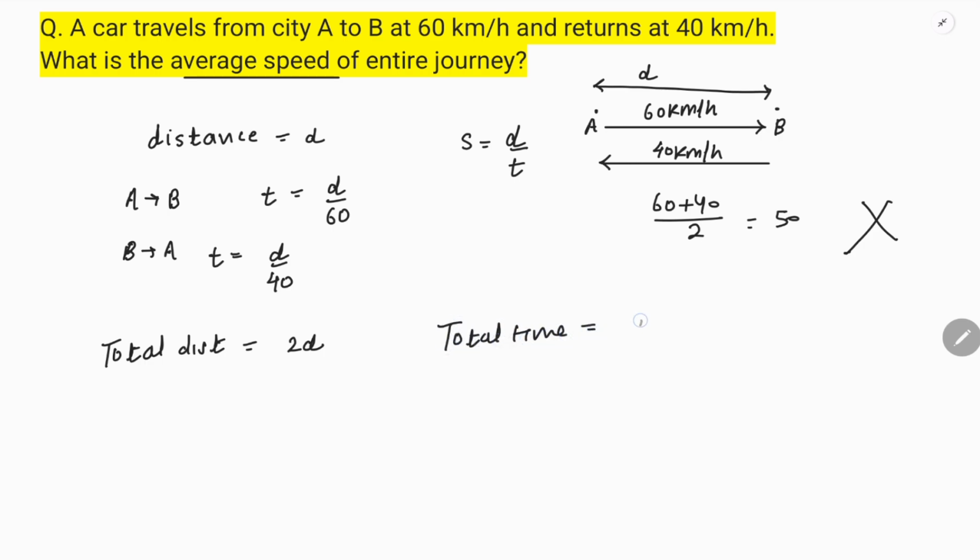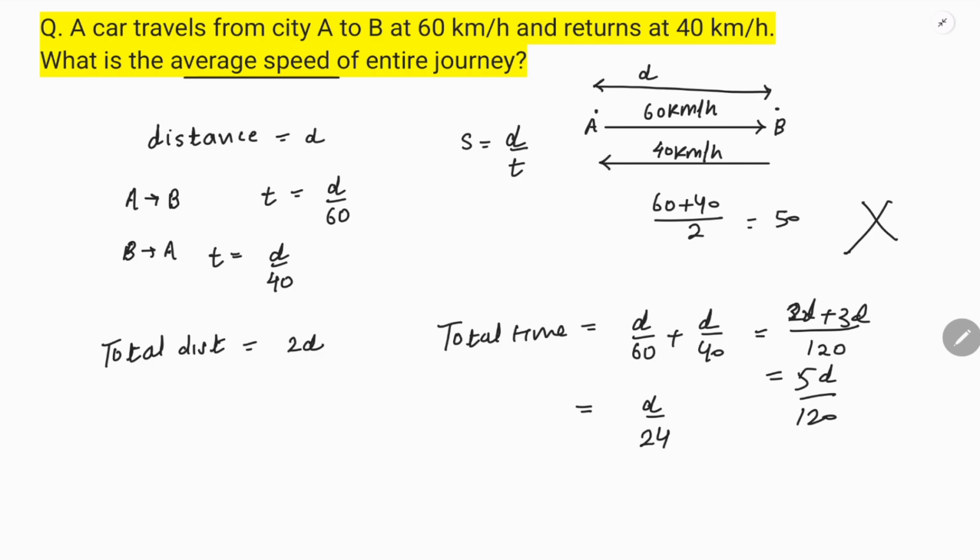Total time it took, we will add the time, d by 60 plus d by 40, right? So when you add them, what will you get? If you solve it, you will get d by 24. Okay, you will take the LCM as 120, right? Then you will get 2d plus 3d, right? 5d by 120, and that is d by 24.